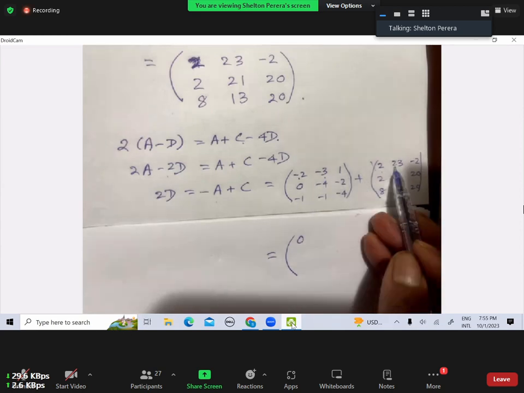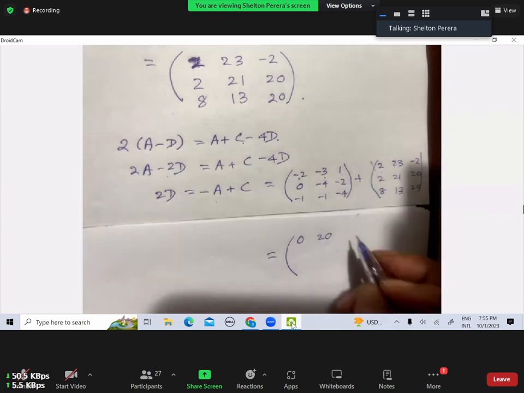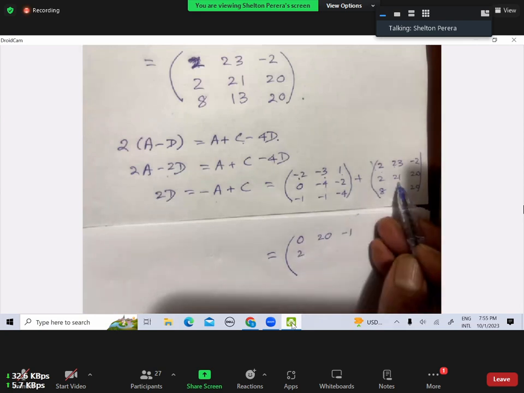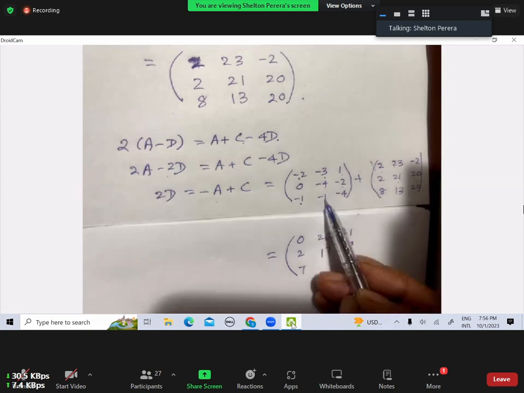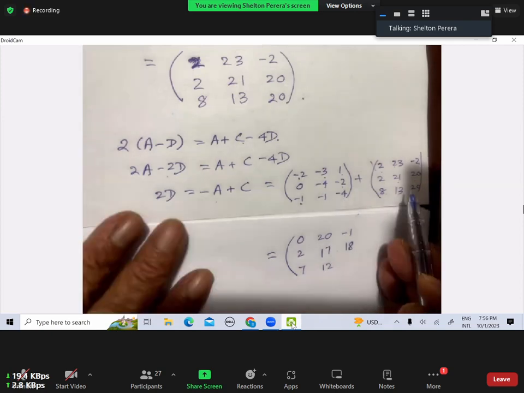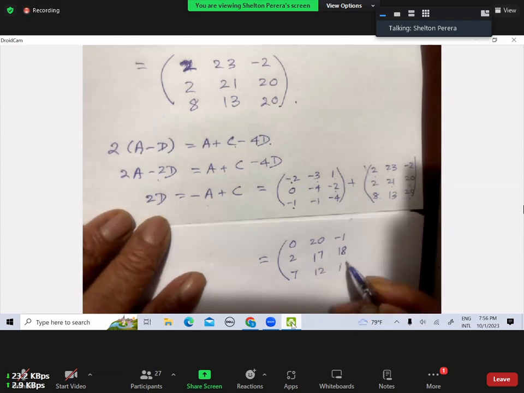Negative 3 plus 23, 20. Here 1 minus 2, minus 1. 0 plus 2 is 2. Negative 2 plus 21, 17. Negative 2 plus 20, 18. I hope I haven't made any mistake. Then negative 1 plus 13, 12, negative 4 plus 20 is 16.